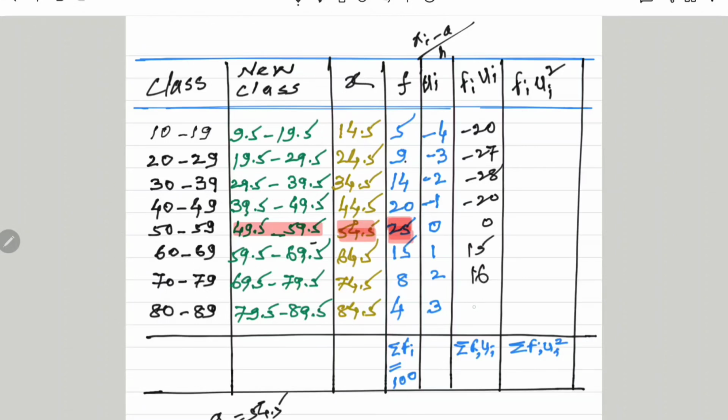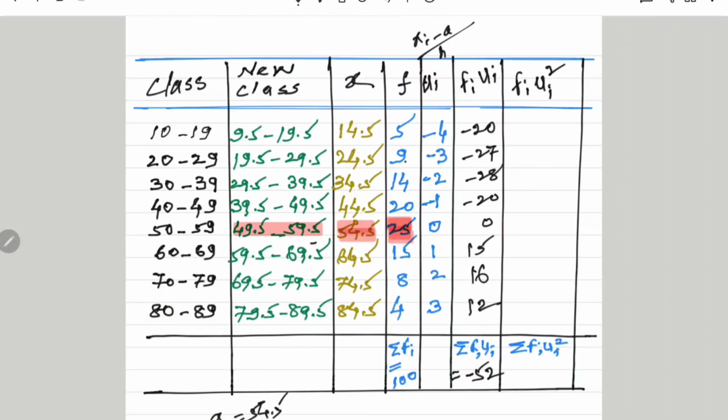And 4 threes are 12. Take the sum of all this: 15 plus 16 plus 12 minus 20 minus 28 minus 27 and minus 20. That sum, if we perform it by calculator, we get as minus 52. Cross check it.